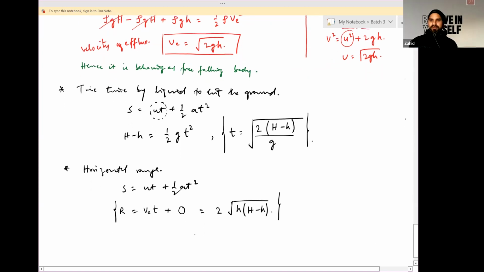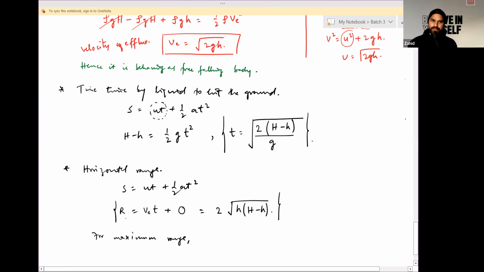Now you'll be asked to find the condition for maximum range. I defined this in mathematical physics. If you have to calculate the maximum or minimum value of a particular function, just differentiate that part and put it to 0.